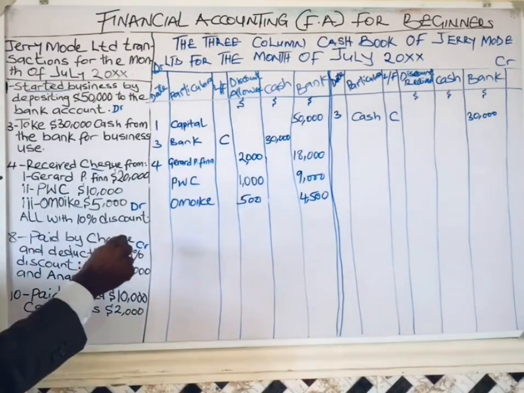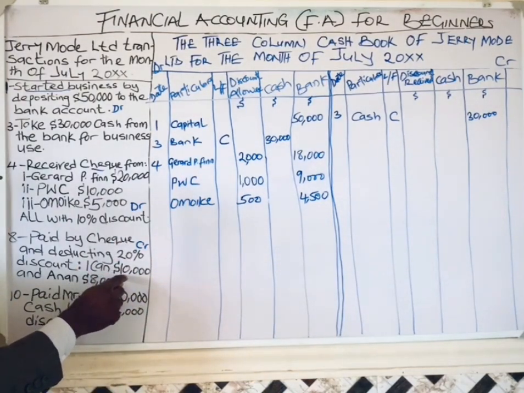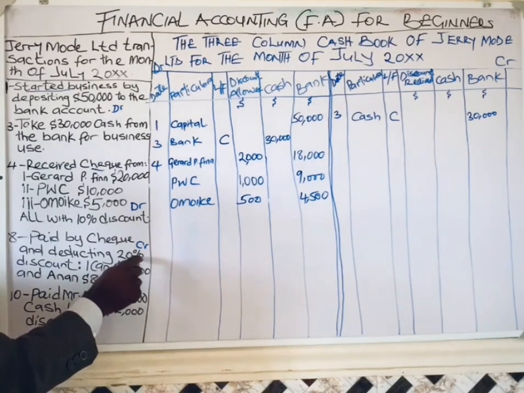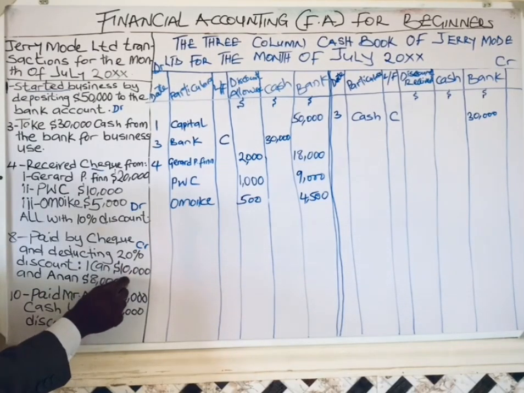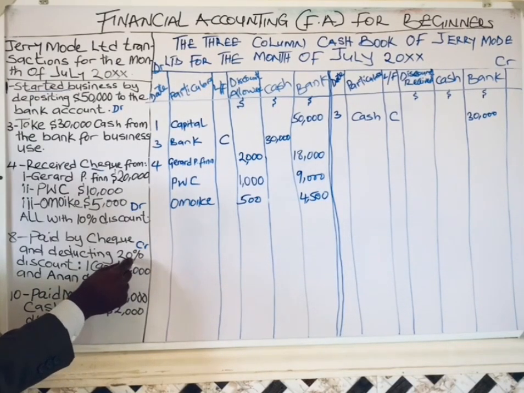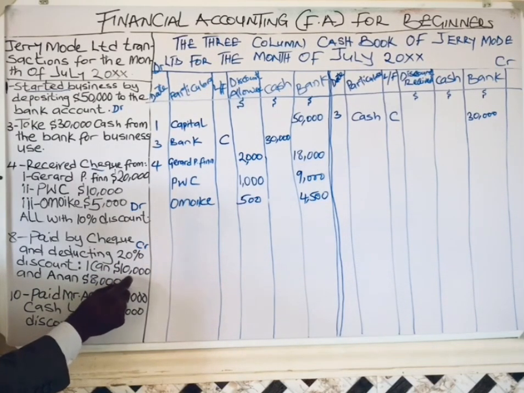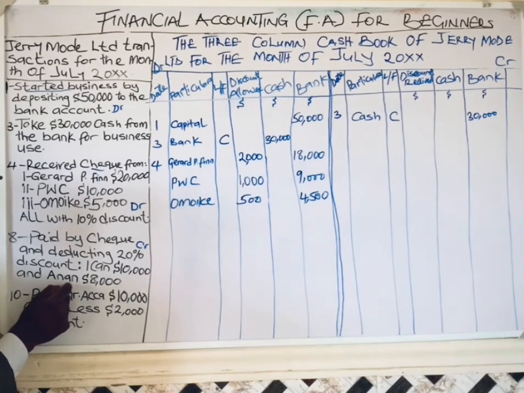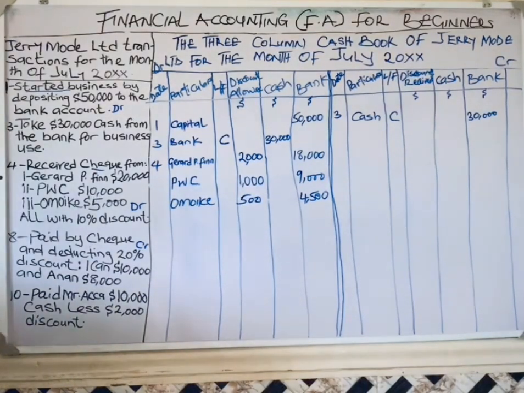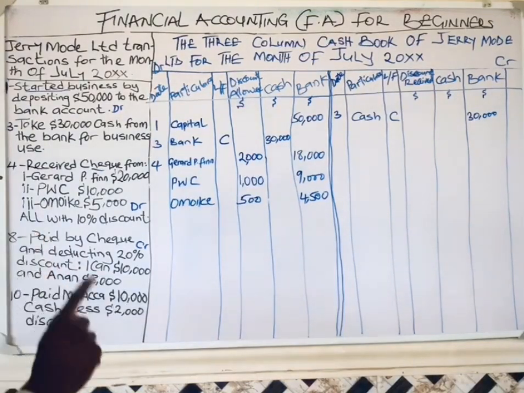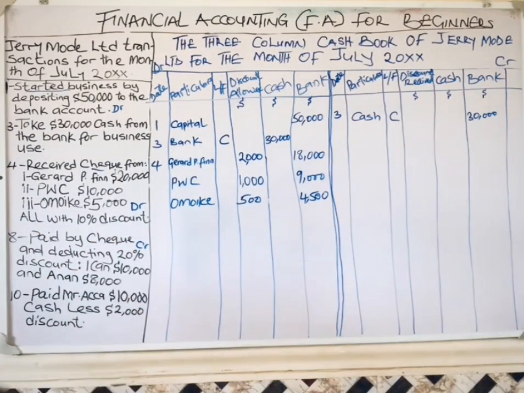We are going to deduct 20% of this 10,000 and pay him the remaining amount. So we are receiving 20% discount from ICANN and 20% discount from ANAN, and that is why discount received is always at the credit side. When we pay, we receive discount.